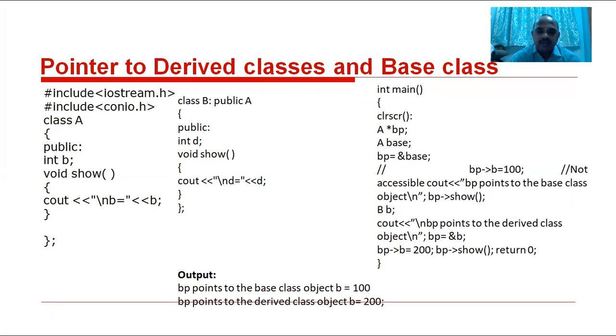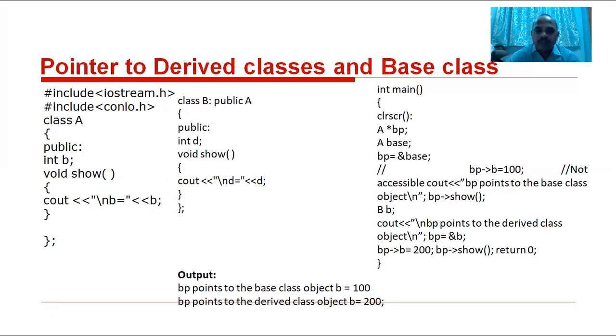Already we learned in previous examples how to define base class pointers. So one pointer can point to different classes.